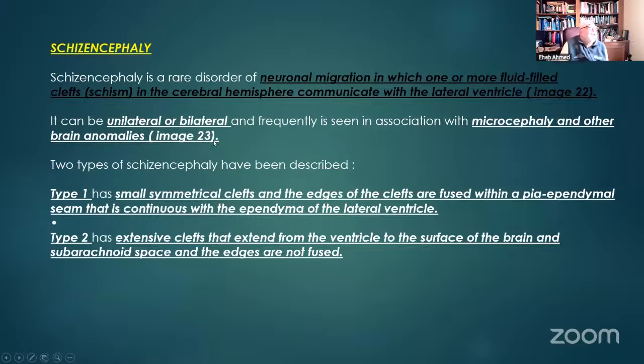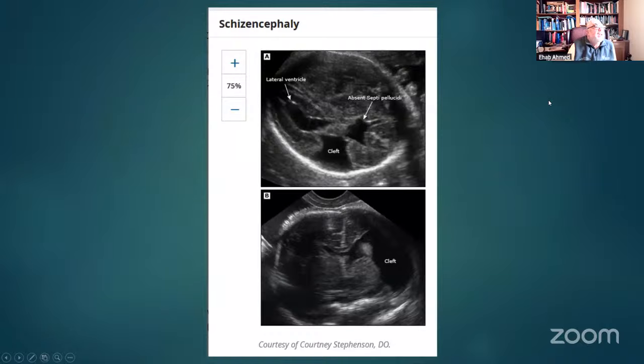The schizencephaly is a neuronal migration defect in which one or more fluid-filled clefts, schism means cleft, in the cerebral hemispheres communicate with the lateral ventricle. This is the lateral ventricle, and this is the schizencephaly.